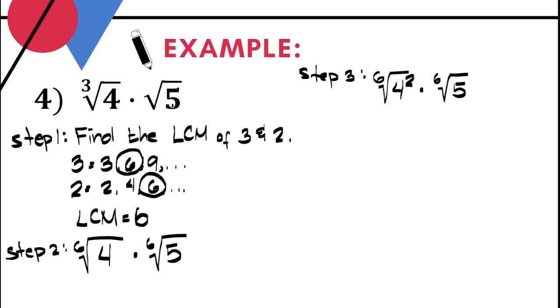For the second expression, from the index 2, it became 6. What number will we multiply to 2 to get 6? That is 3, and 3 will become the exponent of the radicand 5. Step number 4.